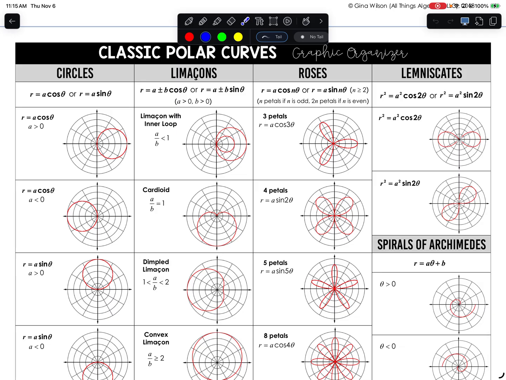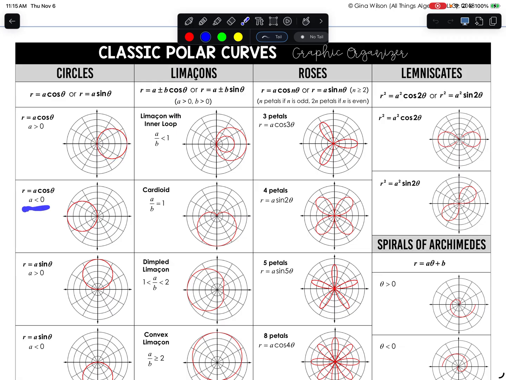Okay? So we're going to start with cosine and sine graphing. So what is cosine, x or y? X, right? So if I graph positive cosine, it should be on positive x on the unit circle. And you get this weird looking kind of circle-ish thing. It's not totally circle, but kind of.